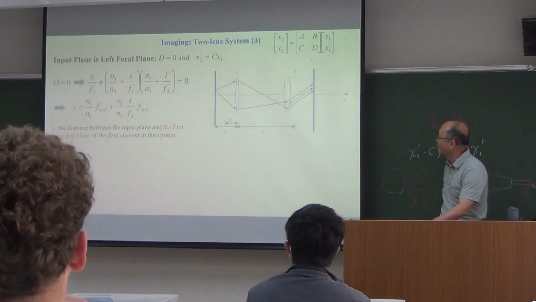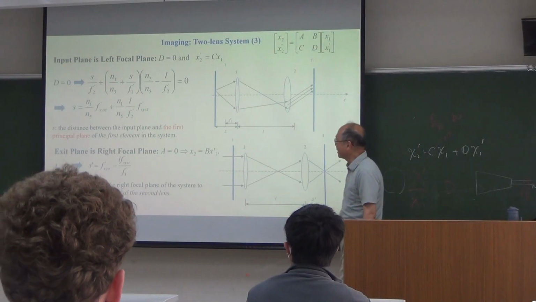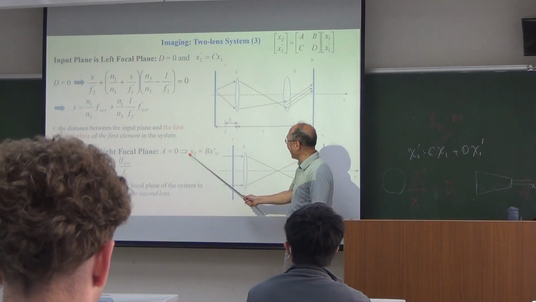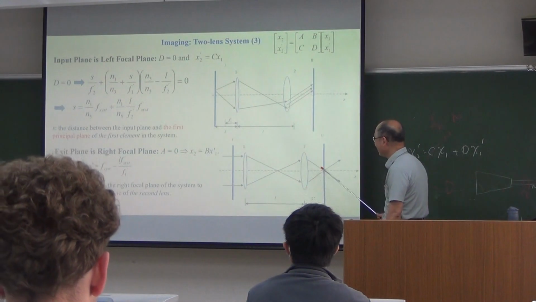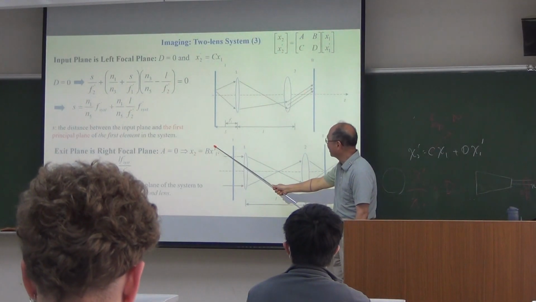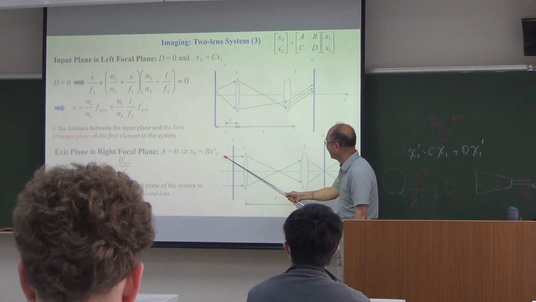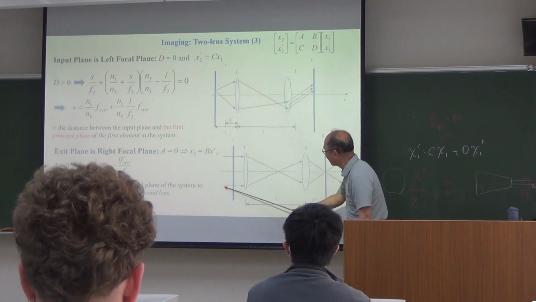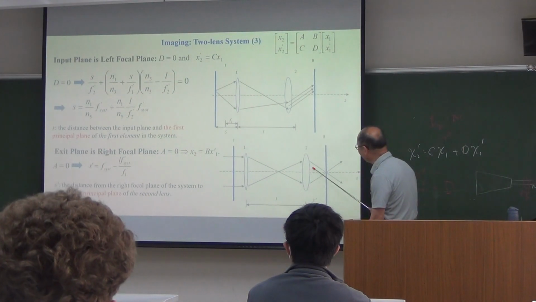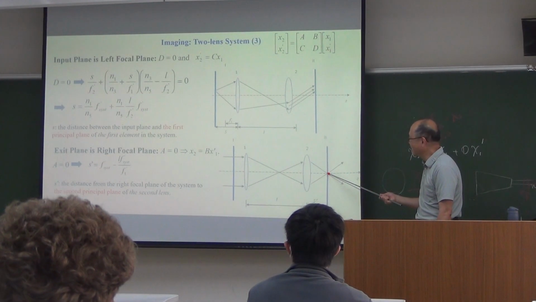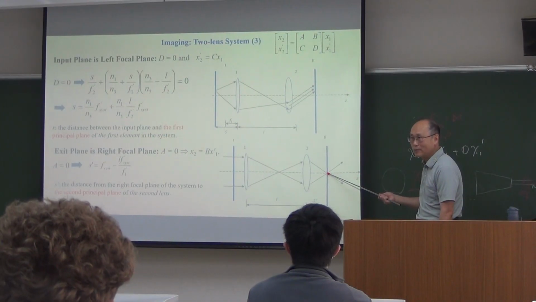Well, another thing is that when we set a equal to 0, then the position of x2 only depends on x1 prime. X1 prime, for example, this is a parallel beam. Then you have x2 at 0.